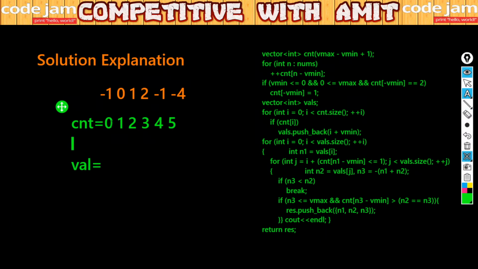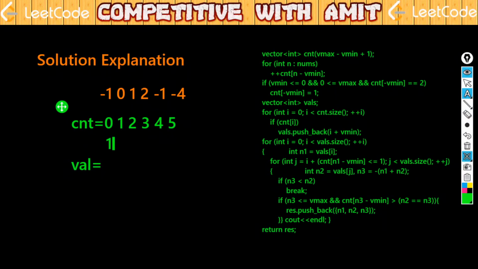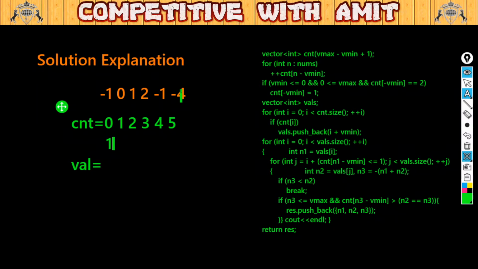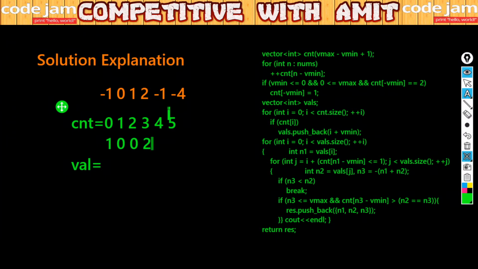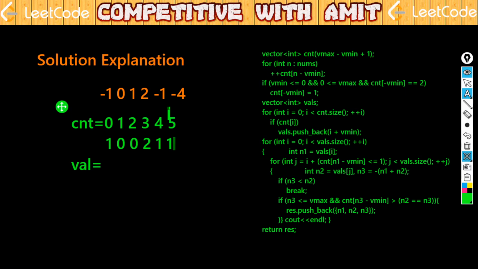We will find that value. For 0 it will be 1, because we all know that 0 represents -4. For 1 it will be 0, for 2 also it will be 0, for 3 it will be 2, for 4 it will be 1, and for 5 also it will be 1.